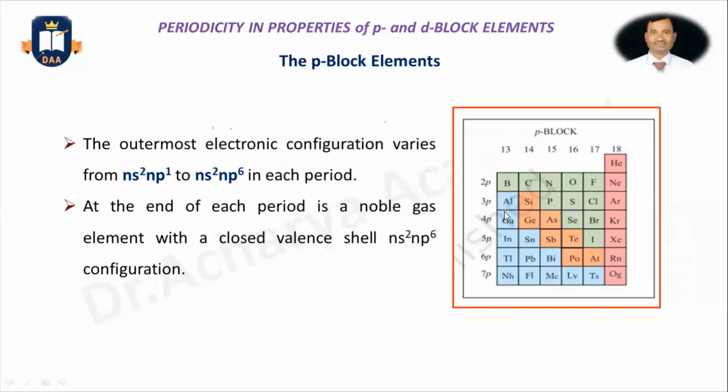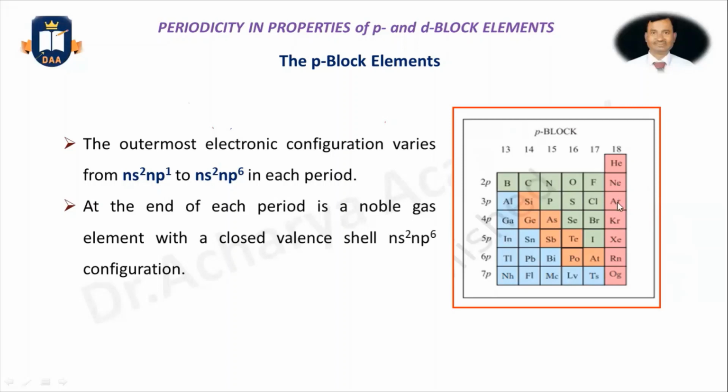So in that way the general electronic configuration for all p block elements starts from ns2 np1, and the last element in group number 18 has the general electron configuration ns2 np6. And at the end of each period is a noble gas.